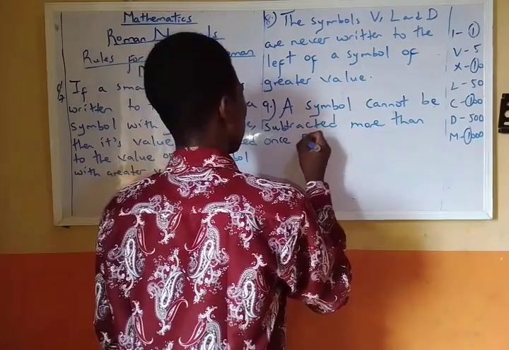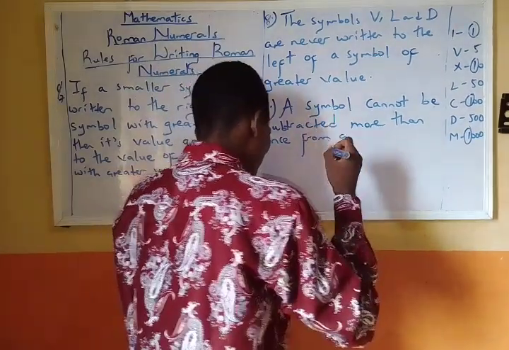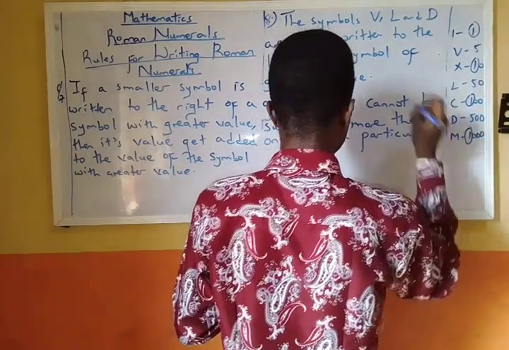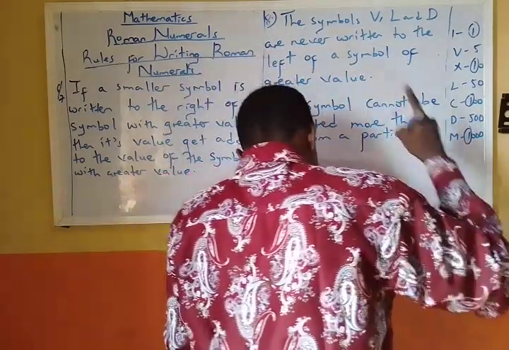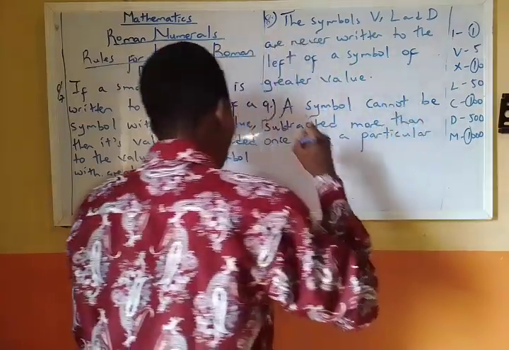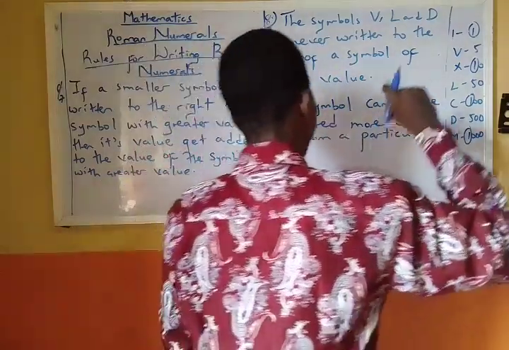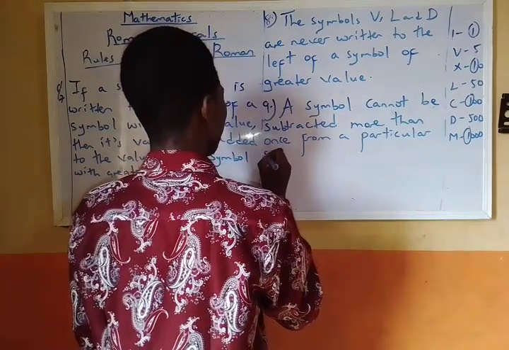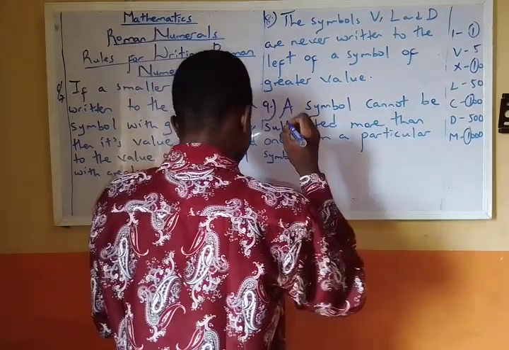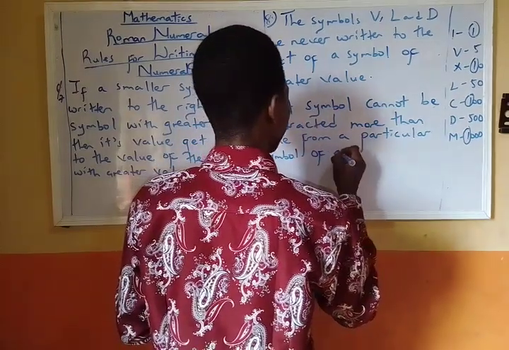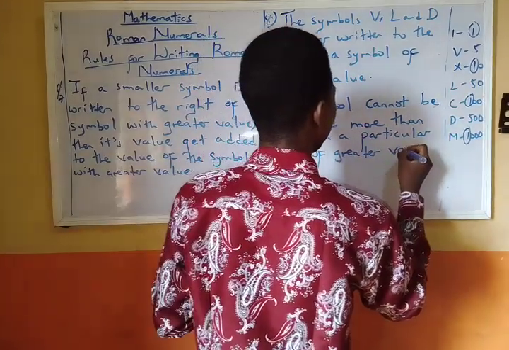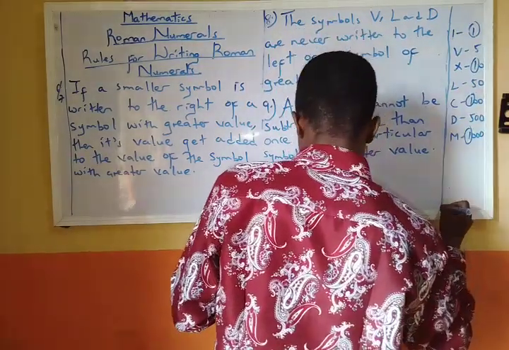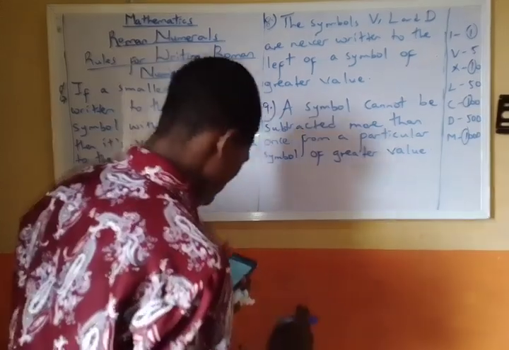How many times? Once. A symbol cannot be subtracted more than once from a particular symbol of greater value.